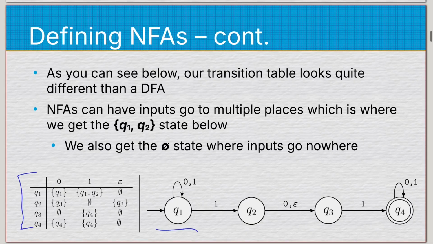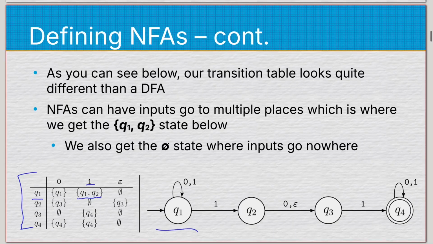And if we look over at our table, we can see Q1 on a 1 input has the set of Q1 and Q2. So our transition function, our transition table, will be derived of a set of states per transition rather than a singular state, where DFAs are guaranteed to only go to one state on an input. The NFA, on its non-deterministic nature, can go to a set of states.